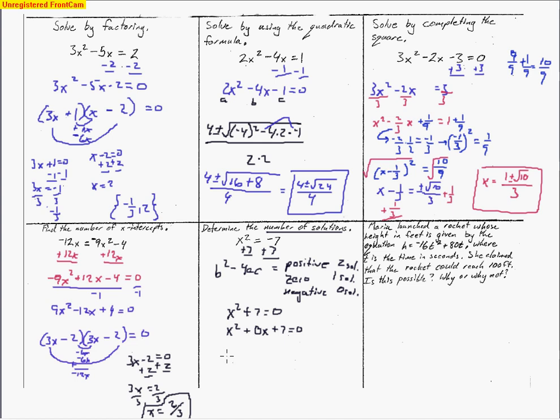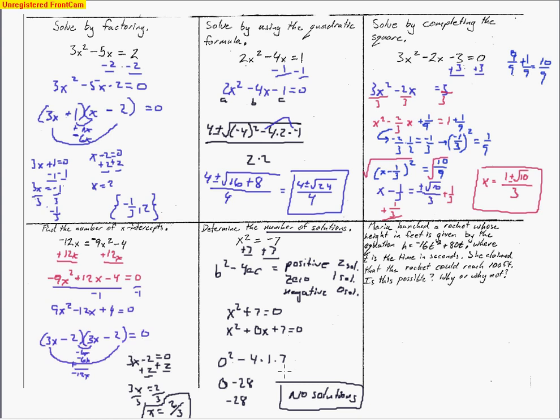So b is 0, so 0 squared minus 4 times a is 1, and 7 is the c value. When I do this work, I get 0 minus 28, which makes negative 28. So that means I have no solutions, 0 x-intercepts. So the answer, number of solutions, there's none.